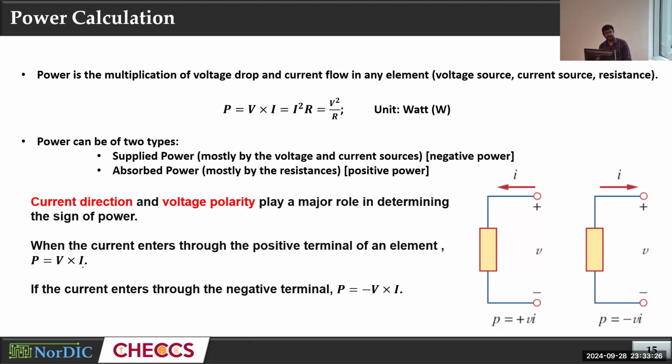Watt is the unit of power, but electricity is calculated in terms of watt hour or kilowatt hour, because we don't use watt hour. We use some thousands of watt hours every day actually. So that's why, to keep that number smaller, we use kilowatt hour, which is 1000 watts for 1 hour.